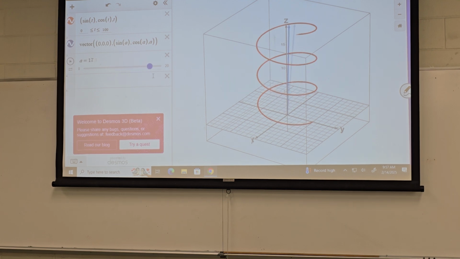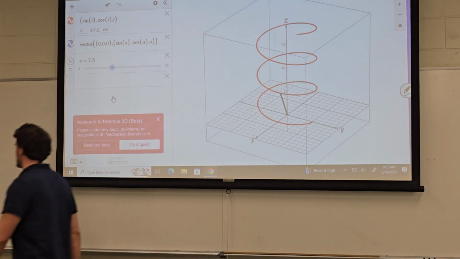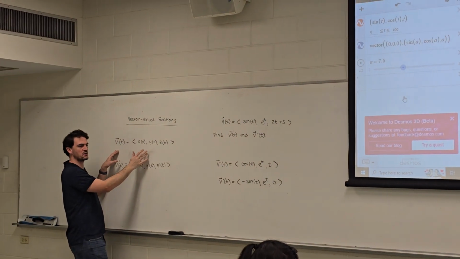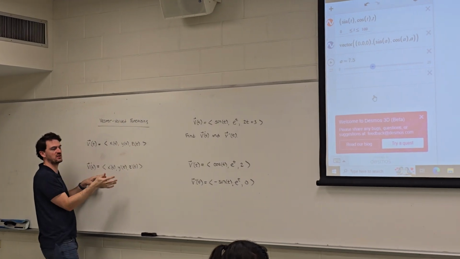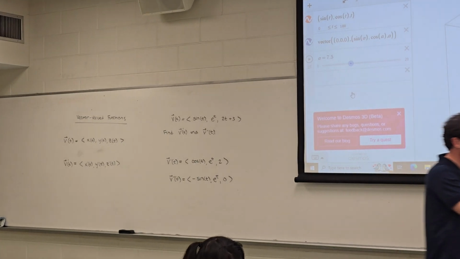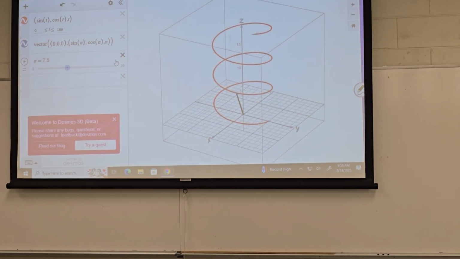And if you think about tracing out all of the different vectors as points, then you get your space curve. If you're thinking, well, this feels just like what we did with parametric equations, it is. The only thing different is if you treat that coordinate like a vector, then you can do math with it. You can find derivatives, you can add them together. So it's just a conceptual leap, not really a computational leap.